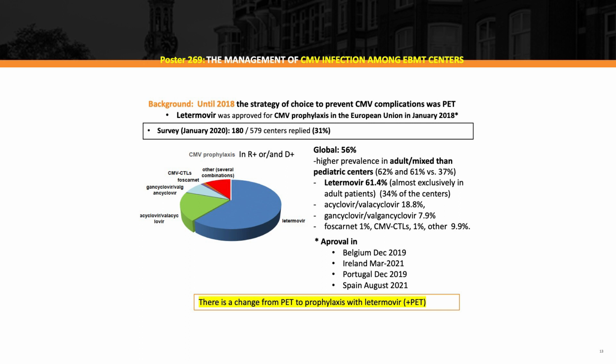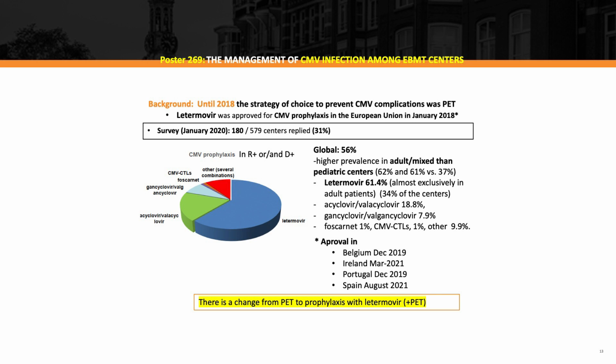So let's go to CMV. CMV is a classical virus in allogeneic transplant patients, as you know. Until 2018, the strategy of choice for managing these patients was preemptive therapy. But something happened in 2018. There was the approval of letermovir.